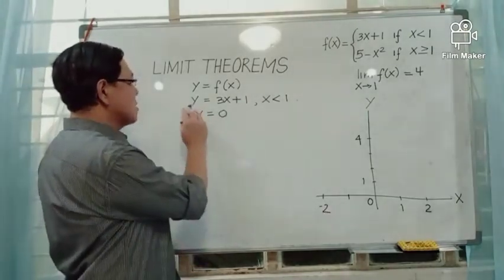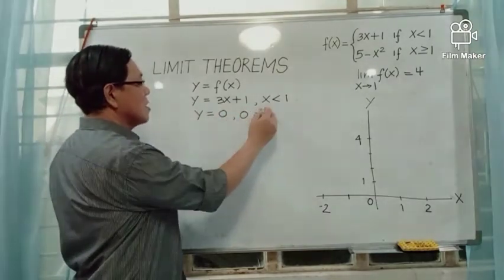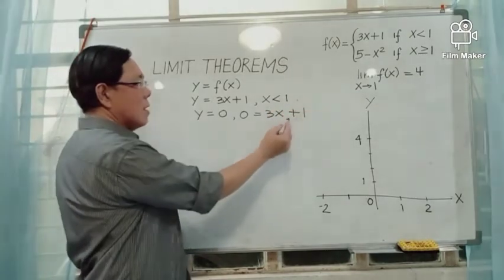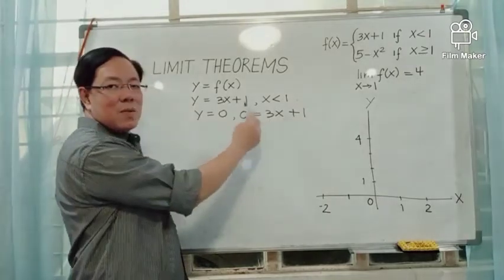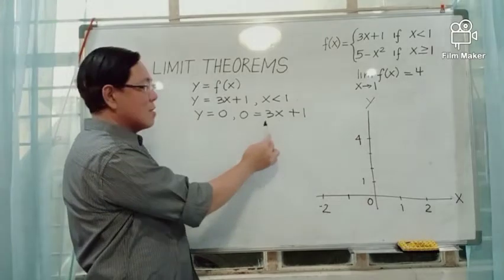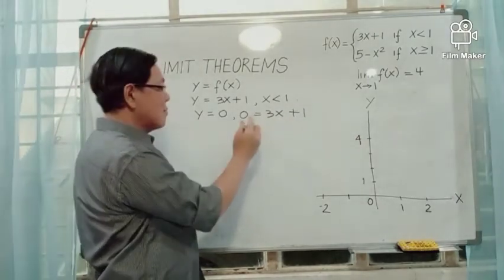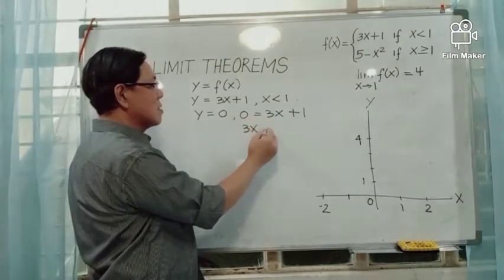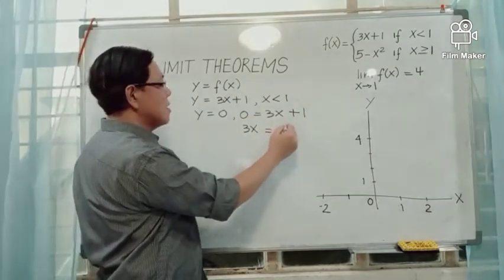When y equals 0, the left side is 0, equals 3x plus 1. And to solve for x, you transpose positive 1 to the other side of the equation. 3x will be left on one side. We have 3x equals, transposing positive 1 to the left, negative 1.